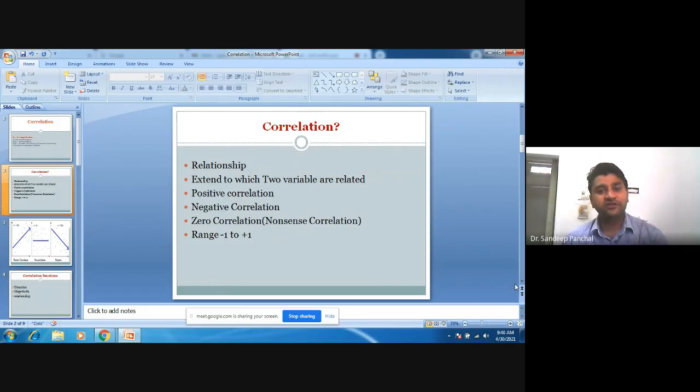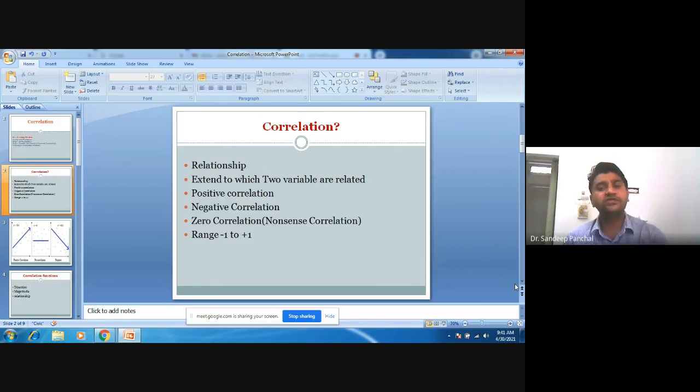Correlations can be positive, or it can be negative, or it can be zero. So simply we can say positive correlation, negative correlation, and zero correlation.